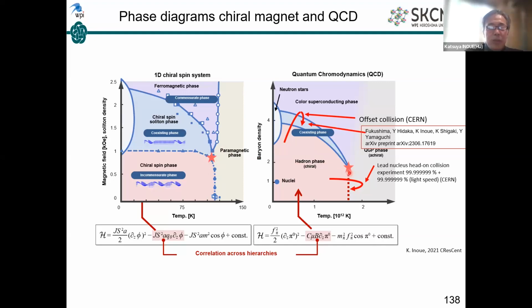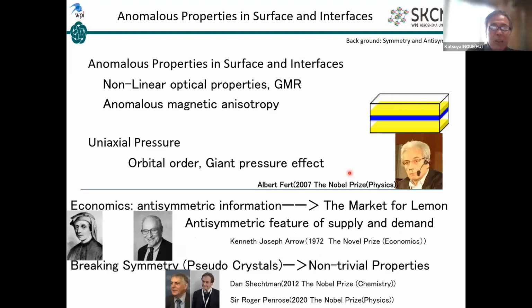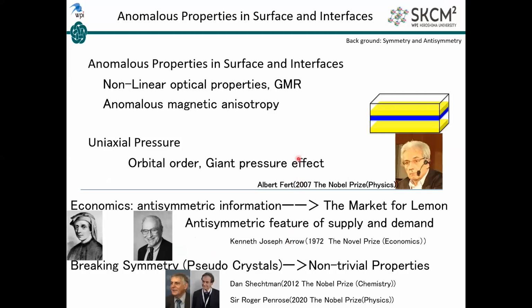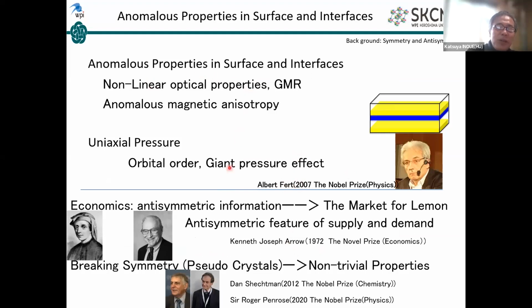The other future plan is to go back from this page. This is what I told you last week. There are anomalous properties at surfaces or interfaces, where the symmetry of crystals or materials is broken.